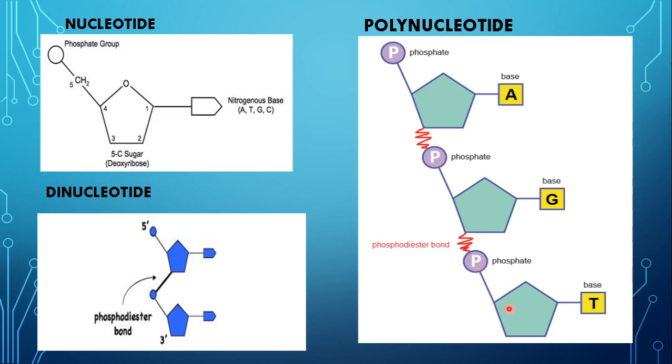The phosphate of the third nucleotide gets linked with the carbon of the second nucleotide. So it goes on getting linked one after another, thereby forming a polynucleotide chain. And the bases, what will happen? The 4 types of bases will get bonded here randomly.